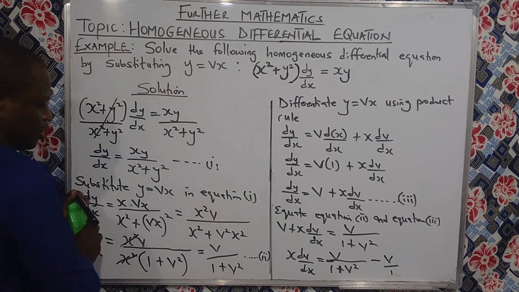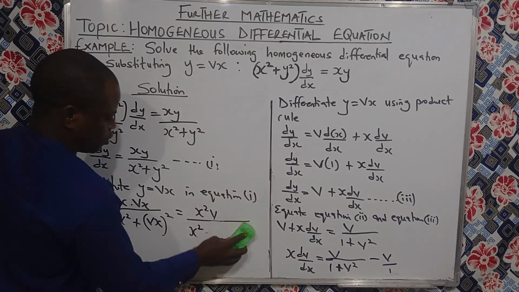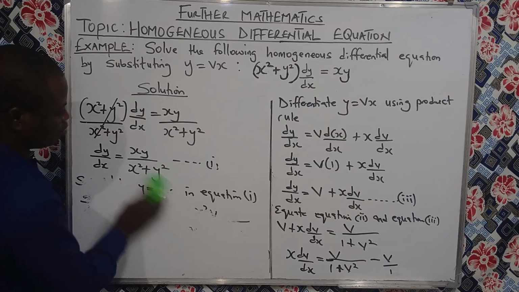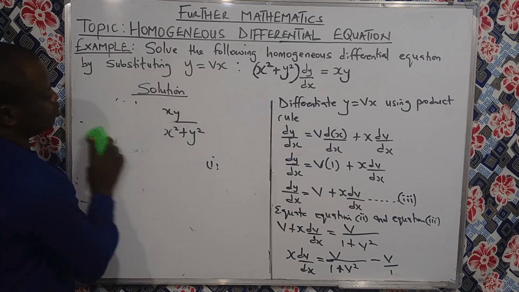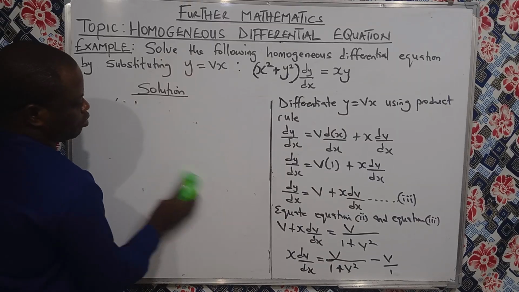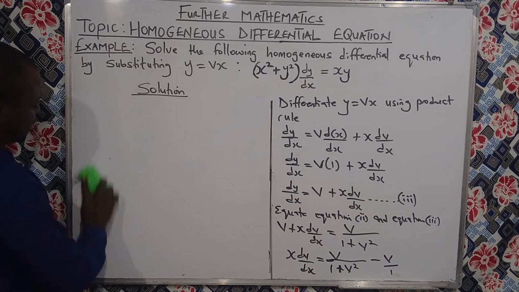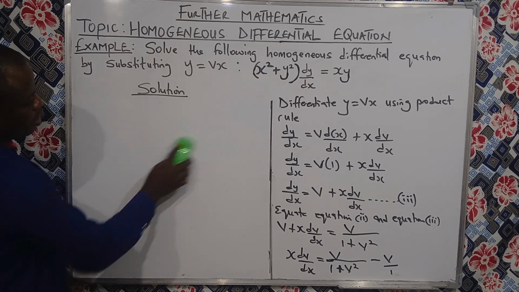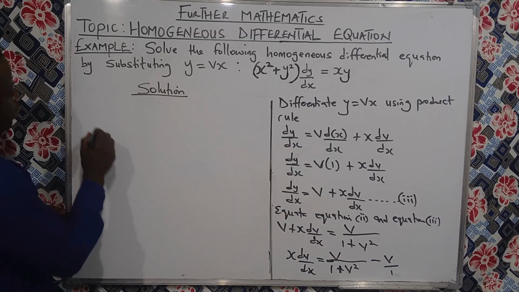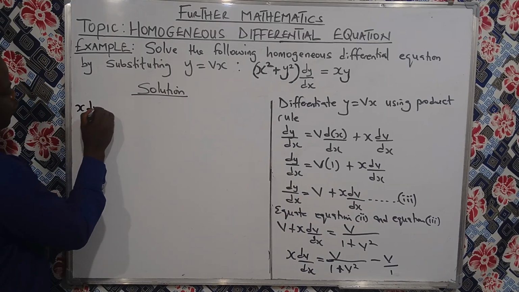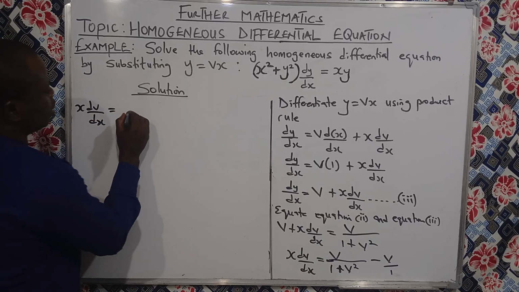Okay, from here we are going to find the LCM. Let's look at the way I'm doing it step by step. Very easy to solve. Let's now have x dv over dx equals, what's the LCM?